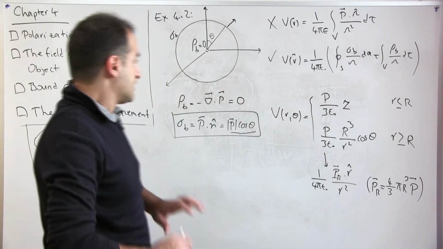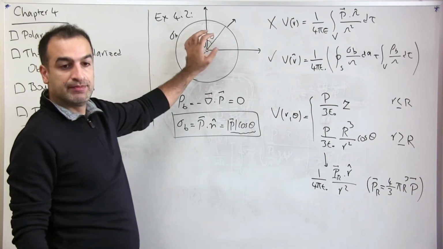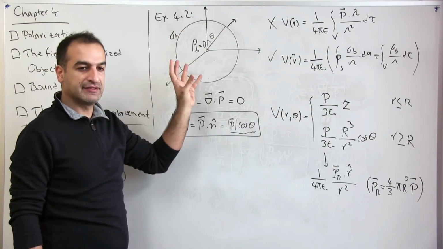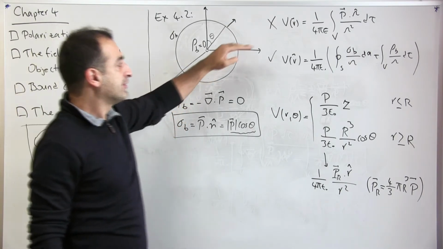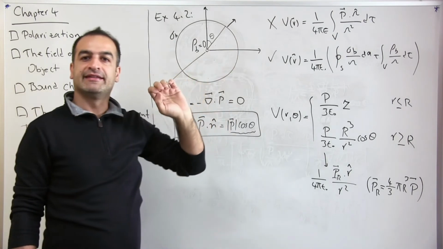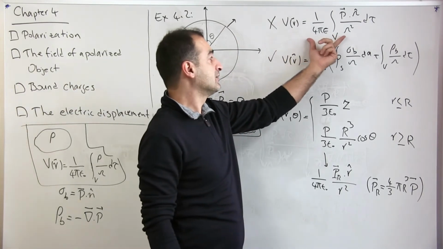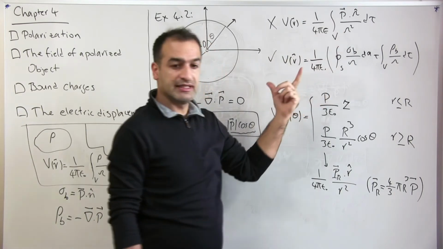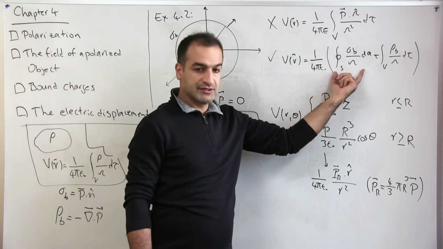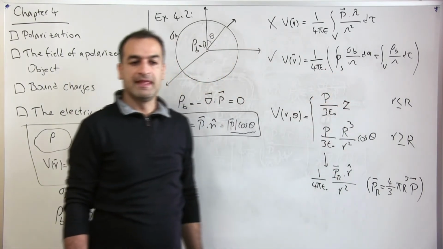Okay, so again, the basic idea is this. You have a material which is polarized, and in order to calculate potential and electric field, instead of going through every single polarization and integrating the potential created by dipoles, which is difficult, you make the assumption that the material is made of something that has surface charge and volume charge, which you integrate.